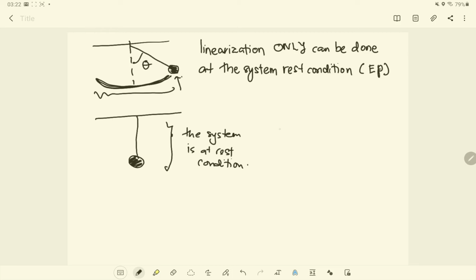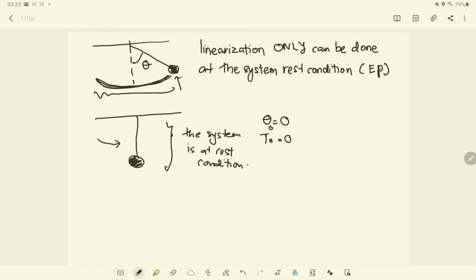So at the rest condition, the theta value is equal to 0 and we name it theta naught. And the input t naught is also equal to 0, because if you give any input to the inverted pendulum, the system will move.